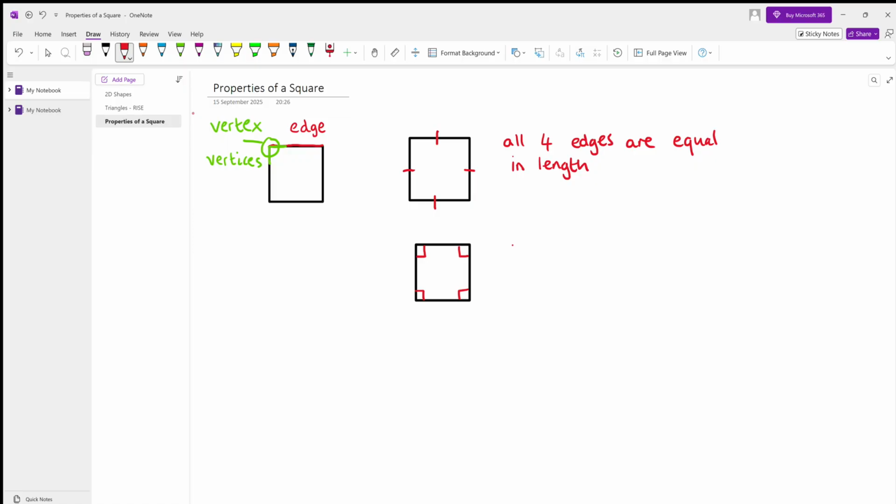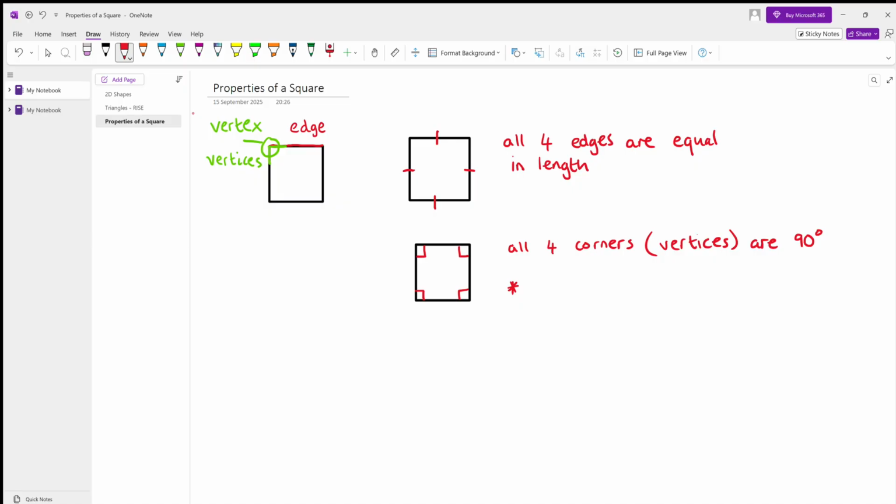So all 4 corners, vertices, are 90 degrees.